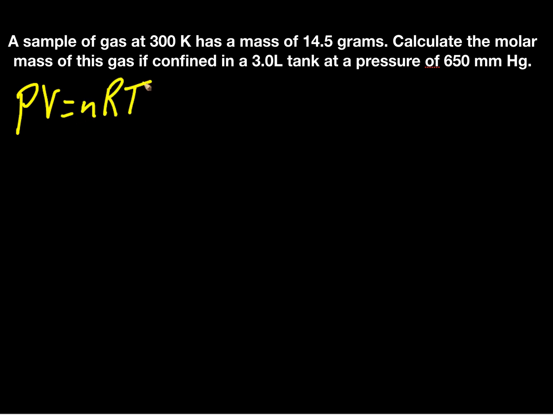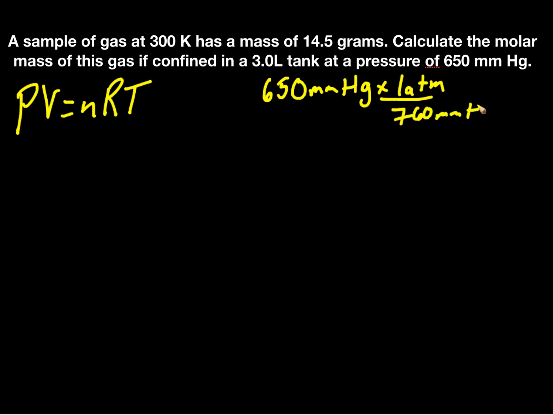Remember, it's a lot easier to write out your formula so you see what variables you're working with and you know if you need to convert something or not. So, pressure, 650 millimeters of mercury. I'm going to change those to atm. So 1 atm all over 760 millimeters of mercury. So I get 650 divided by 760, and I get 0.86 atm.